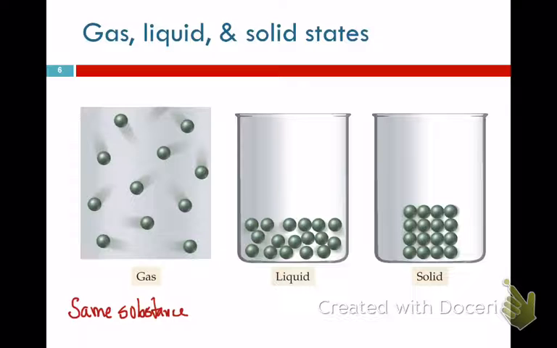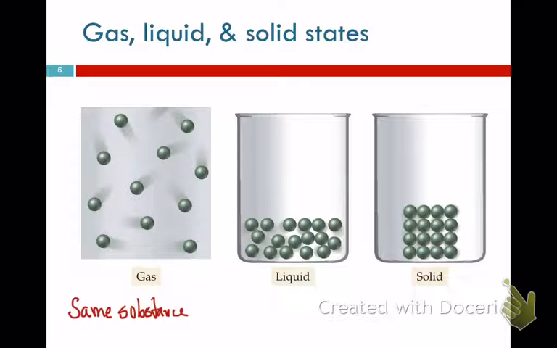What would you say is different about the three? Physical state. But what causes the difference in the physical state? How could you have three different physical states of the same substance? Closer together, and temperature is what causes them to be far apart. So the difference, if it's all the same substance, is temperature.